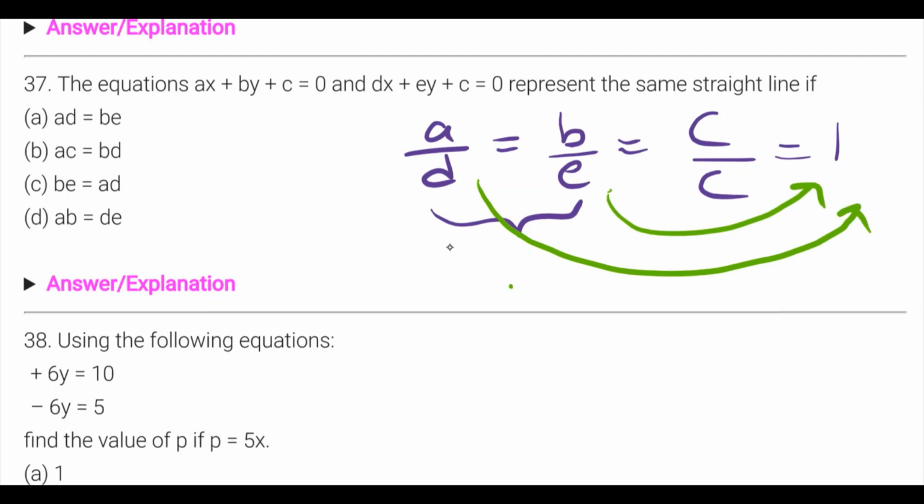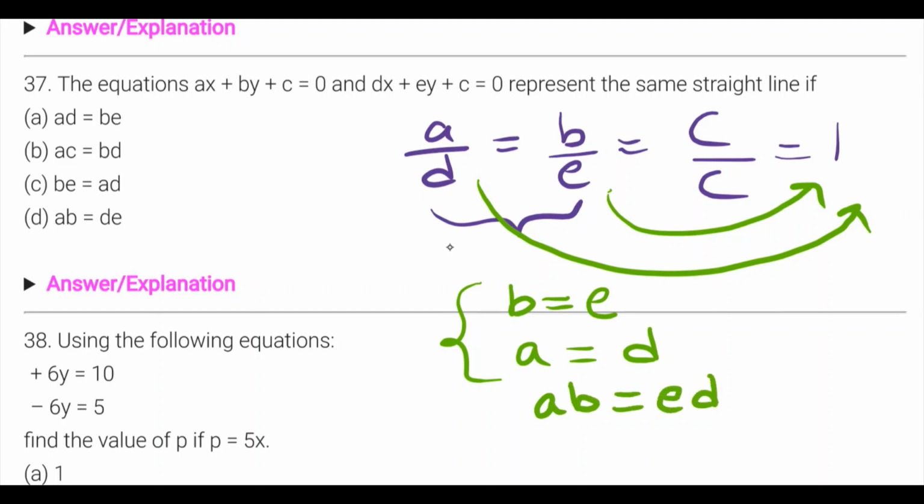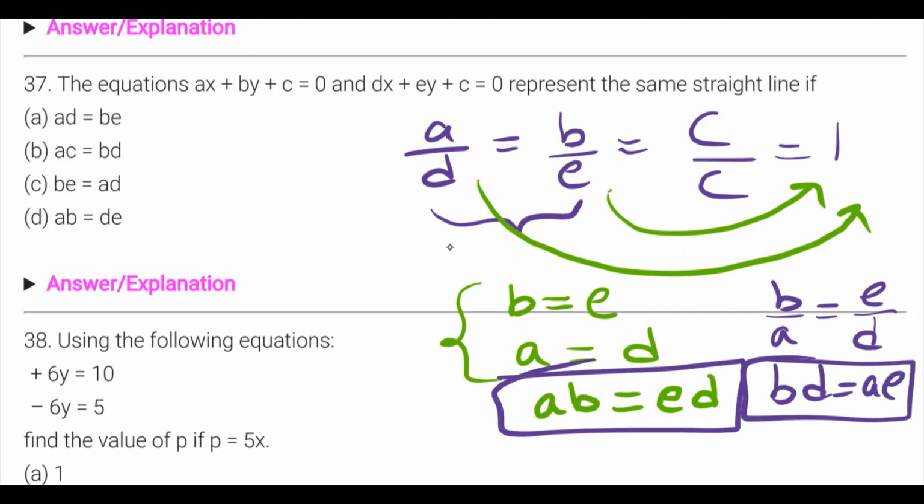If I equate, B equals E and A equals D. So A equals D and B equals E. If I multiply these two, I'll get AB equals ED, or if I divide these two, I will get B by A equals E by D. I can write BD equals A. So any of these is correct. I don't have any BD equals A, so option D is the correct answer.